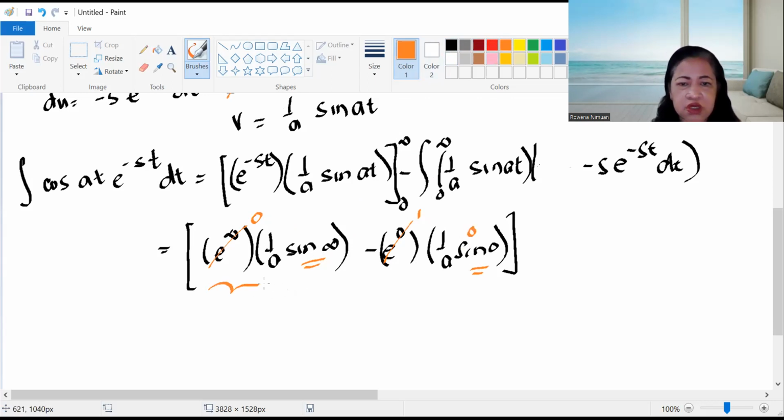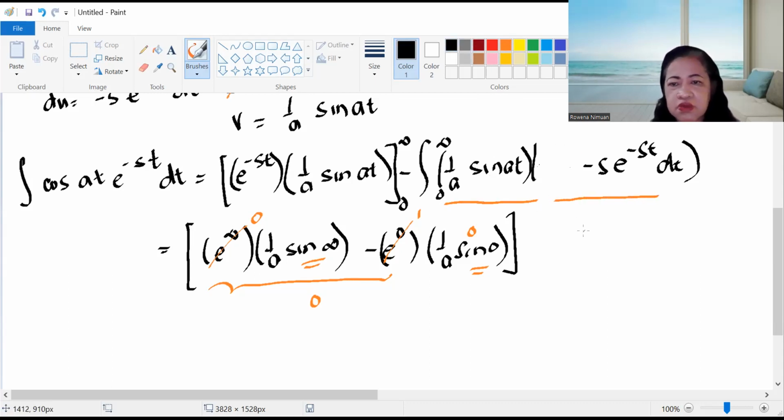So this whole term will now become 0. Since this whole term is equal to 0, let us focus now on this integral. This will become minus.